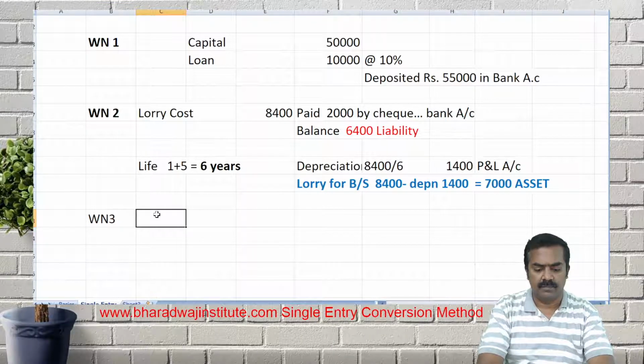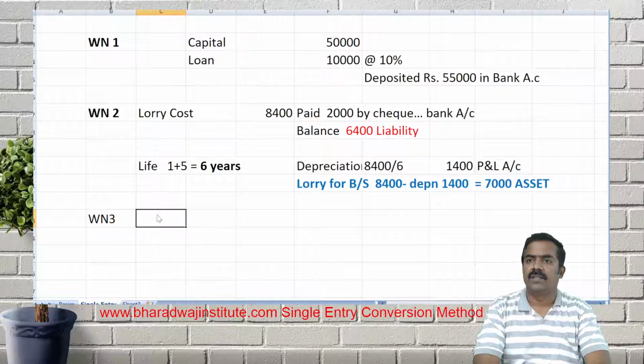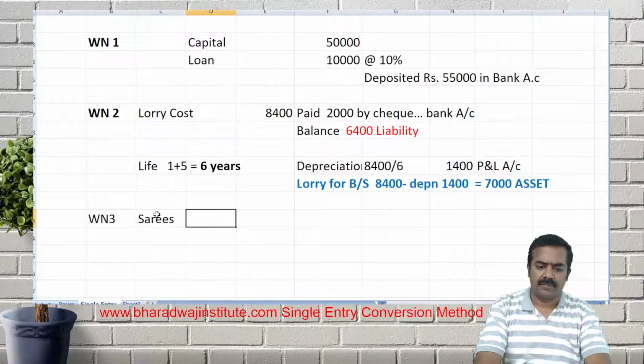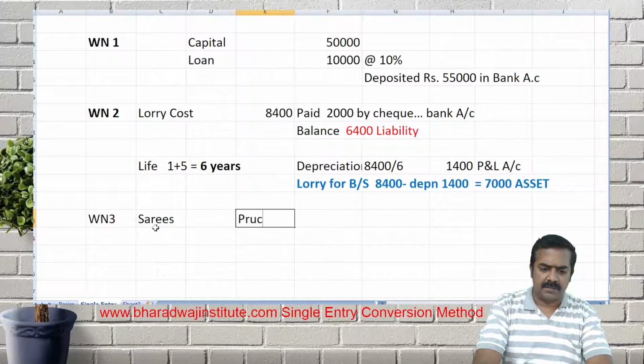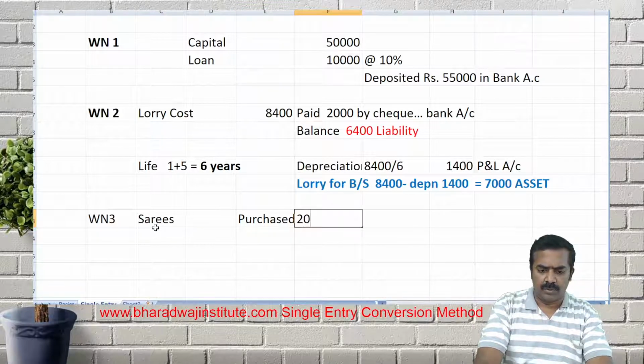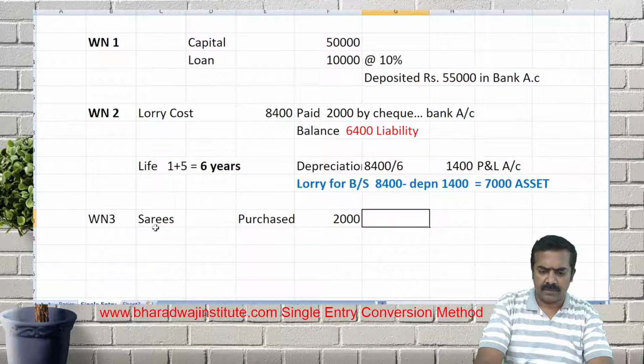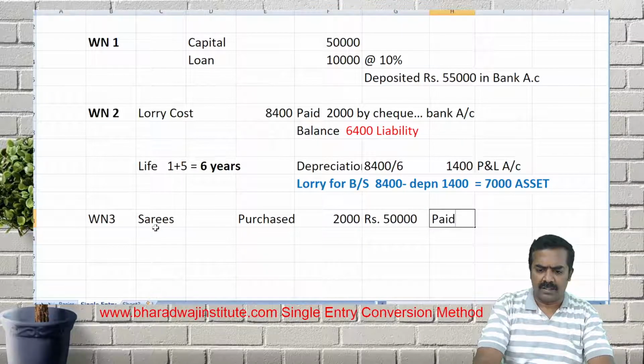Working note 3. Which one? Sarees. How many purchased? 2,000 sarees. For how much? Rupees 50,000. How much of that is paid by cheque? 30,000 paid by cheque.